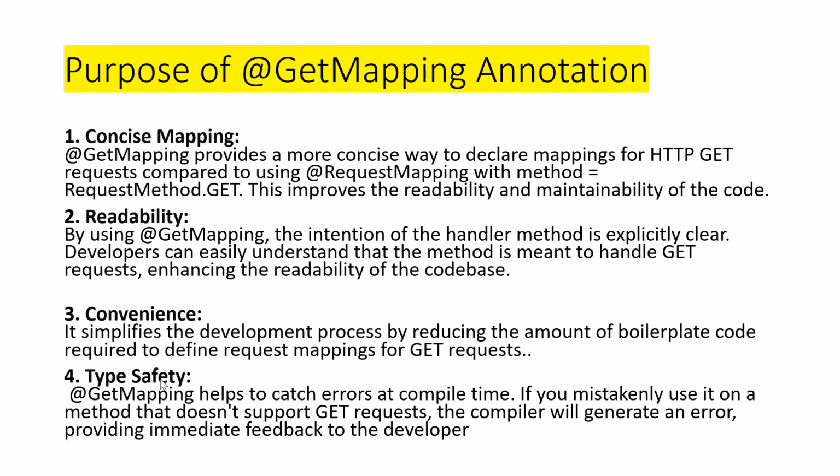It means the developer will come to know that this method is meant for another HTTP method, and they will get a compile time error. So these are some points for which the GetMapping annotation is more helpful.